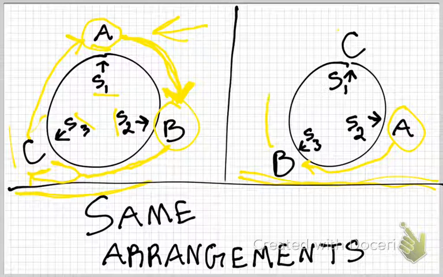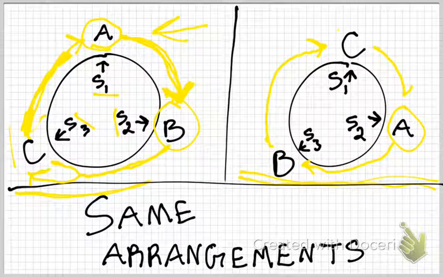And if you look to C's left, you have A, and on the right, if you look to C's left, you have A. That's why it's considered the same circular permutation.